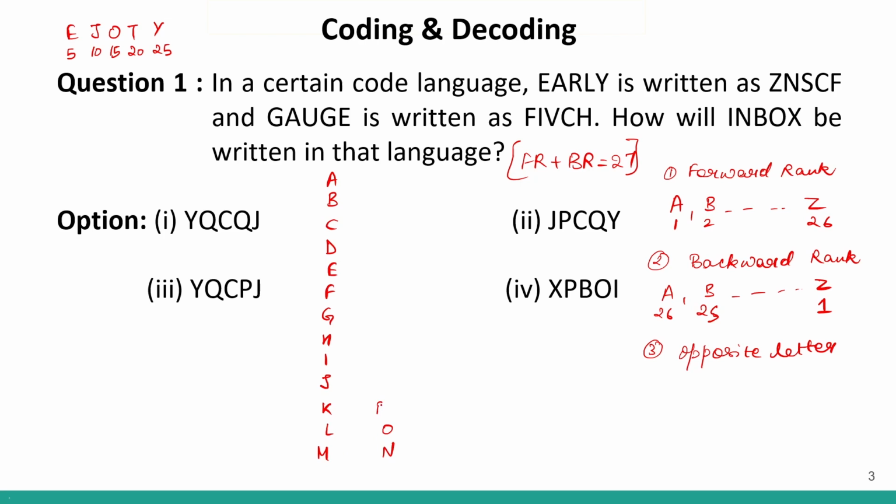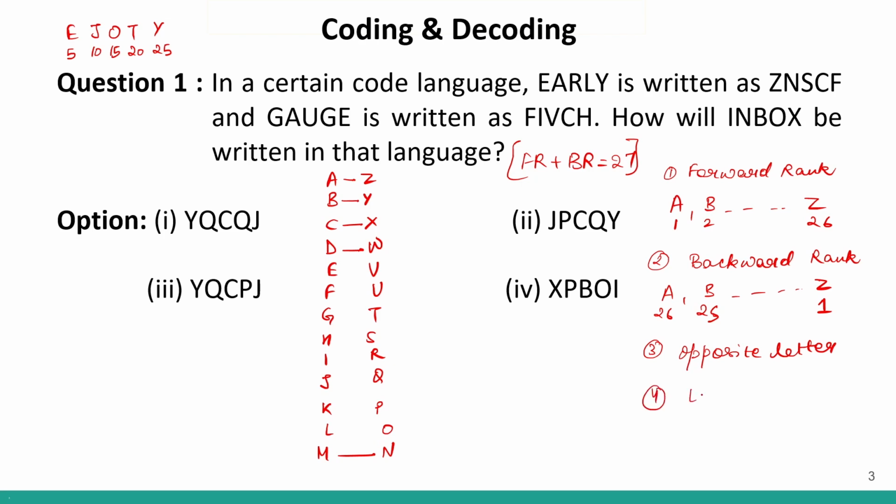So N, O, P, Q, R, S, T, U, V, W, X, Y and Z. So if I arrange them like this, A is the opposite letter of Z. B is the opposite letter of Y. C and X are opposite letters. D and W are opposite letters. So on up till M and N are opposite letters. So this is the concept of opposite letters.